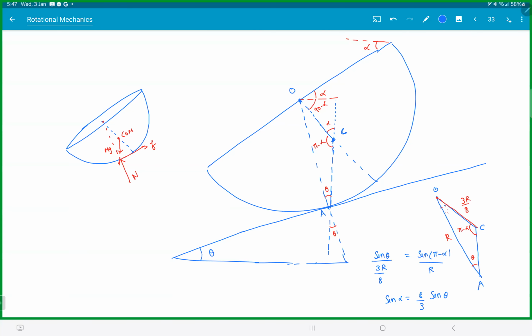Have a look at this. Any doubts on this? Clear? Next one.